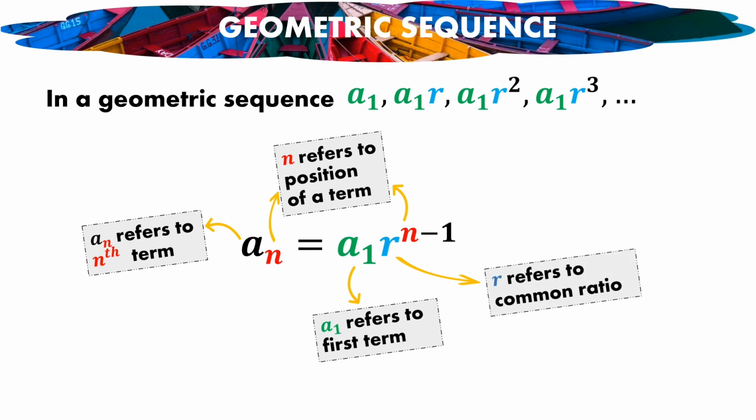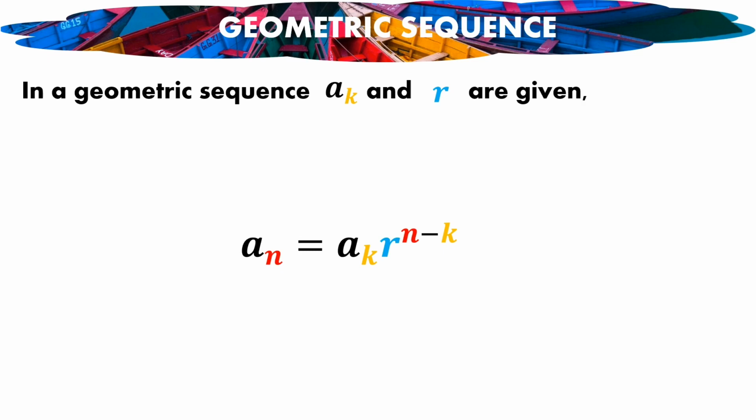Now, what if the first term is not given? Instead, a previous term, not the first term, and r are given, and you're going to look for an unknown term. So in a geometric sequence, a sub k and r are given.